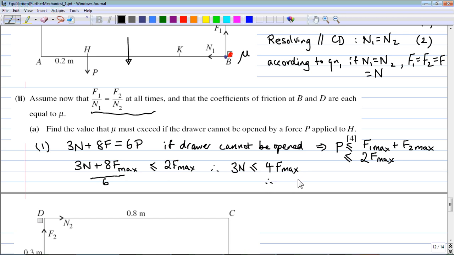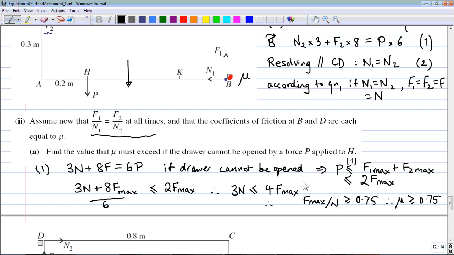So therefore F max over n is less than or equal to 0.75. So mu is, sorry, that's the other way around, isn't it? F max over n should be bigger than or equal to 0.75, so mu is also bigger than or equal to 0.75 because mu is F max over n.